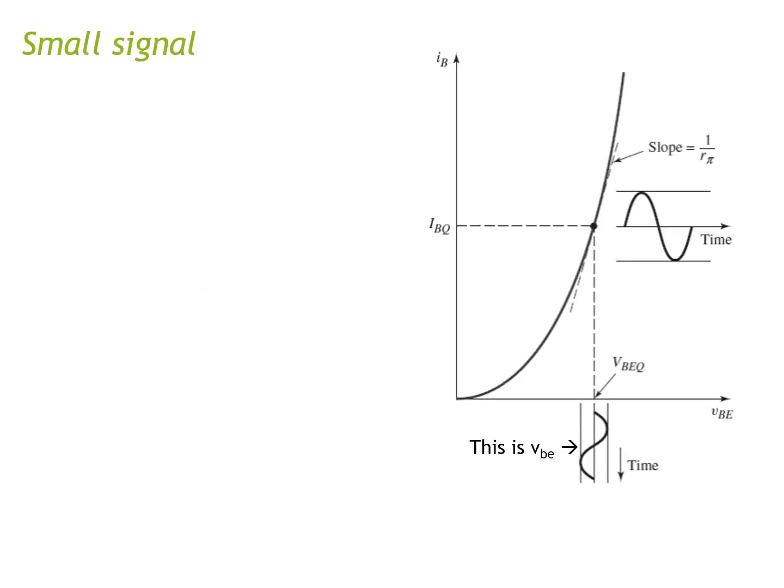Okay, so this is the exponential growth that I was talking about to you guys previously. If you see in here, if you increase VBE, then IB will grow exponentially, and that is because of this relationship in here.